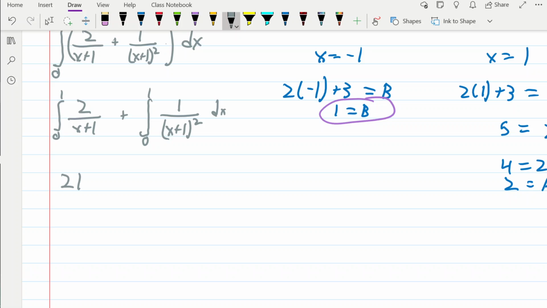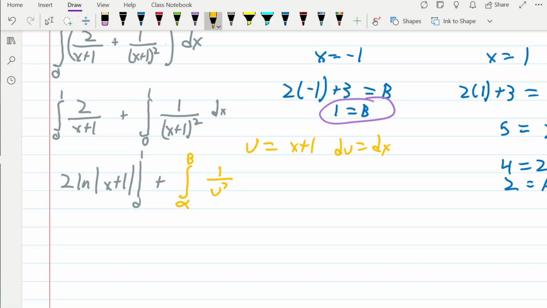So it's going to be 2 ln (x plus 1) from 0 to 1 plus, now let's get our u substitution, so we're going to set u equal to x plus 1. That means du is going to be equal to dx. So we're going to have the integral from, well, we're just going to use from alpha to beta of 1 over u squared du.